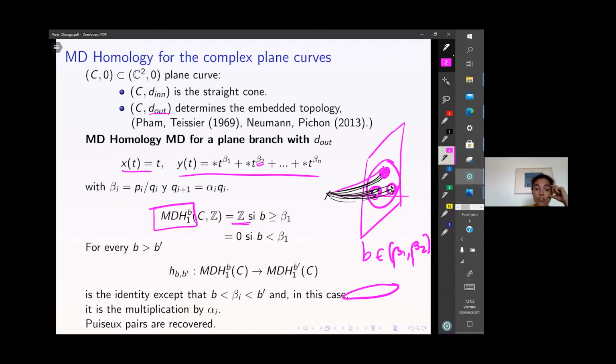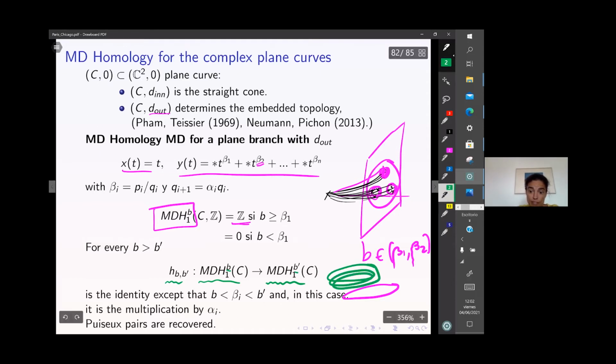And when you consider the morphism between the homology for parameter b and for a smaller parameter b prime, it is like the covering mapping. For example, the original one gives three turns, and for every turn you identify the b prime points.